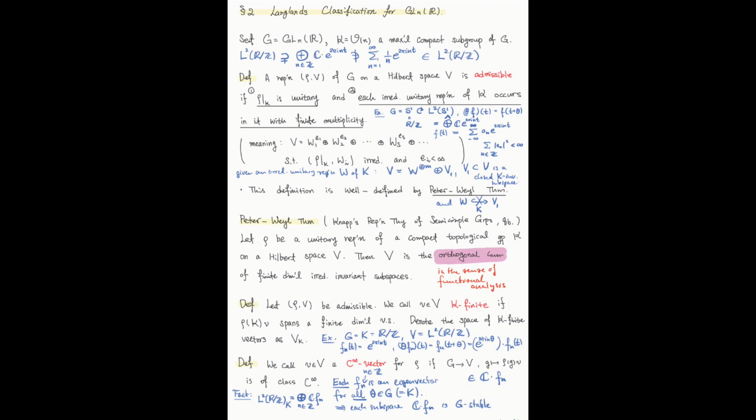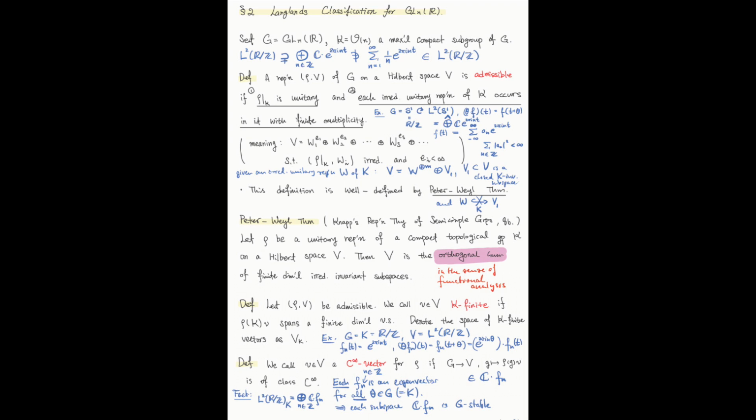And for an admissible representation, we call a vector v K-finite if rho(K)v spans a finite dimensional vector space. So for instance, in the example that we had above, G is equal to K is equal to R modulo Z, and V is just L2 of R modulo Z with a so-called translation action.